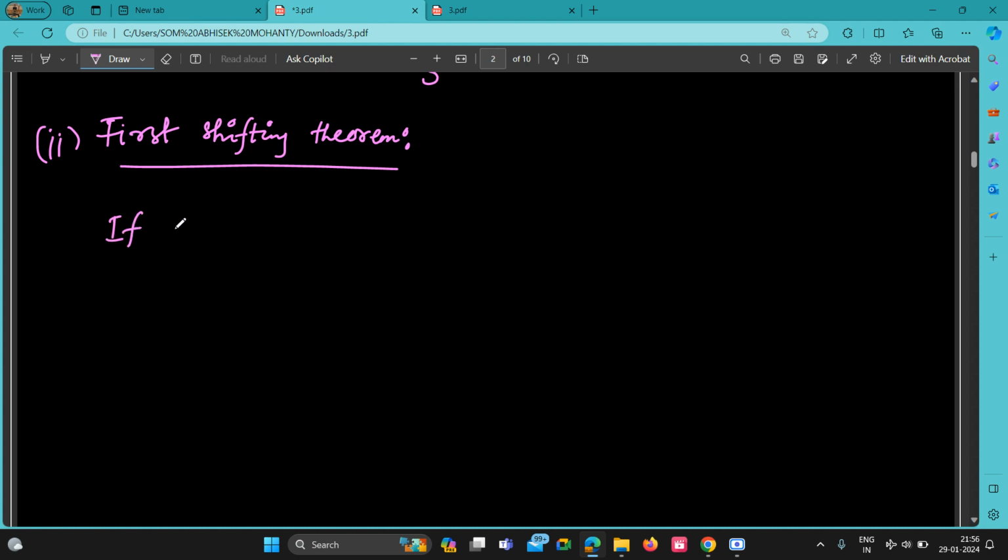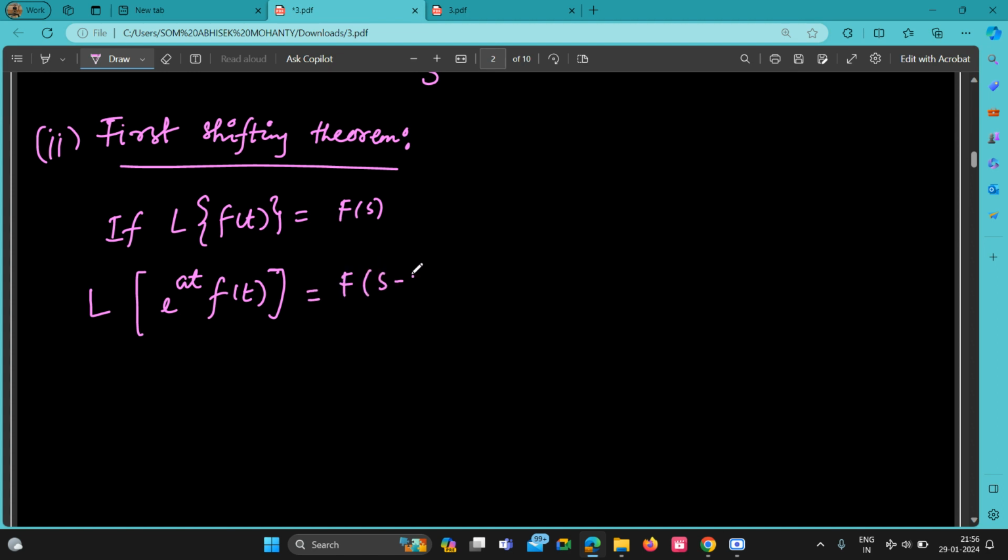If L of f(t) is F(s), then L of e to the power at f(t) is F(s minus a). Just if e to the power at is multiplied, that will be F(s minus a).